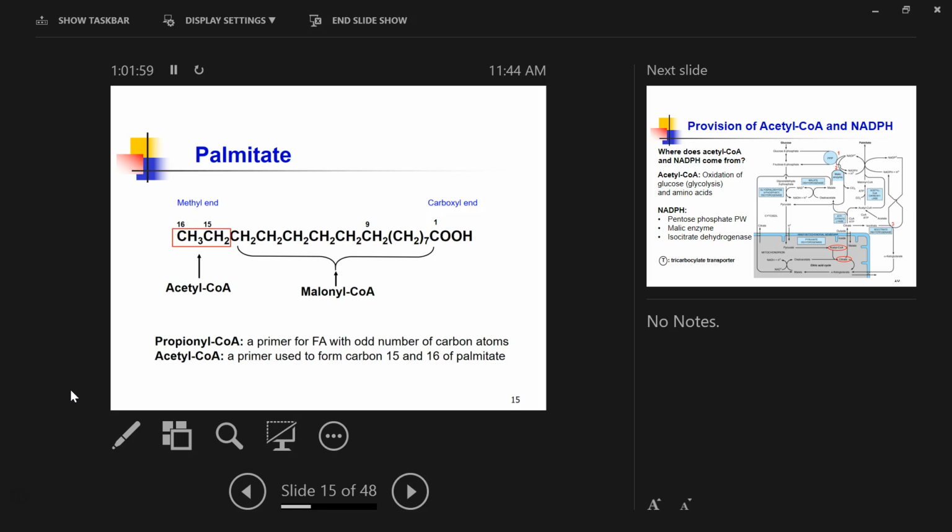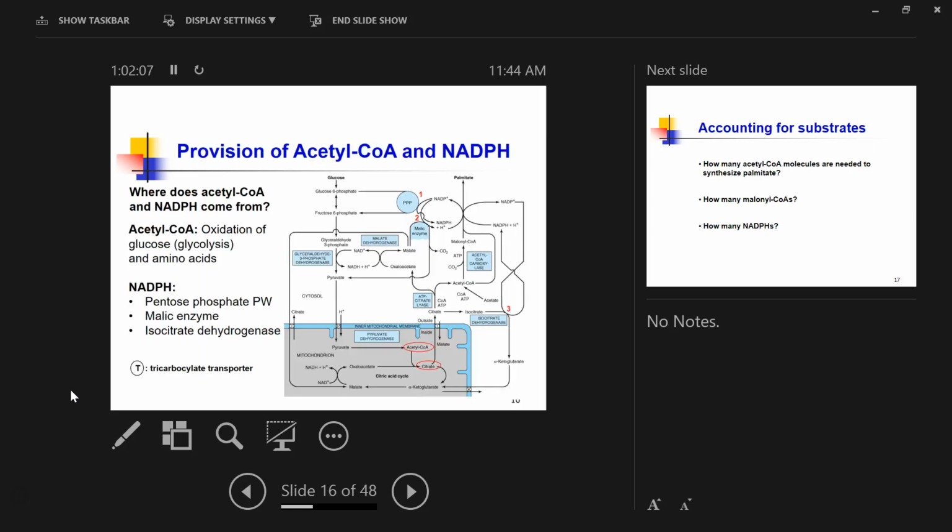Again, the carbon donor is malonyl-CoA, and fatty acid synthesis also requires provision of acetyl-CoA and NADPH. Acetyl-CoA is the starting molecule, so where does acetyl-CoA come from?